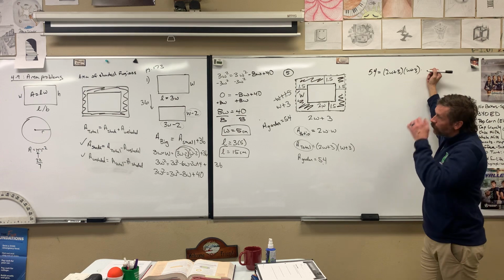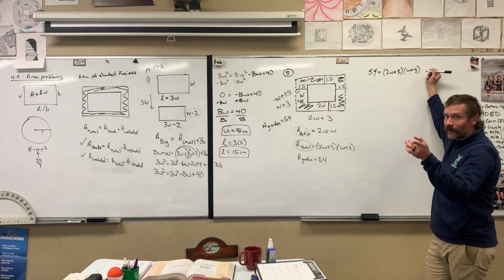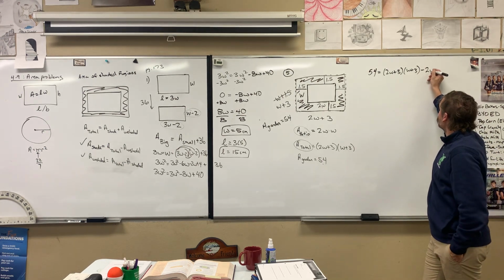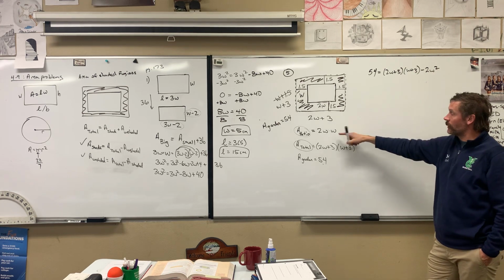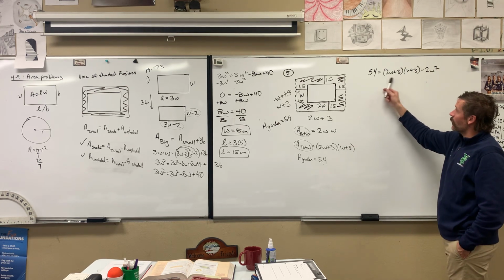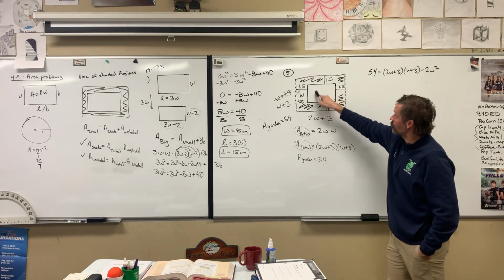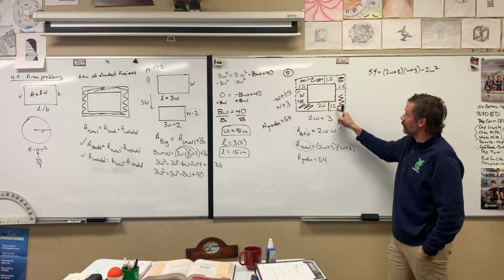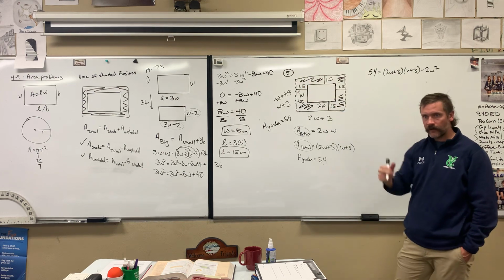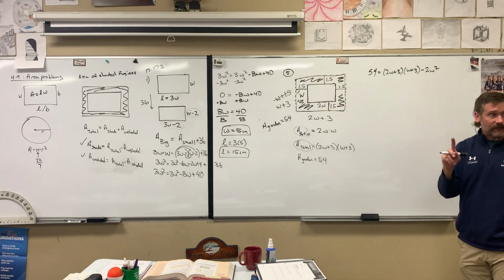I wouldn't go with plus. I would go with minus 2w squared, which is this one right here. So what you're saying is the big area, the total area, minus this little area would leave you the outside area. Perfect. Yep, that works.